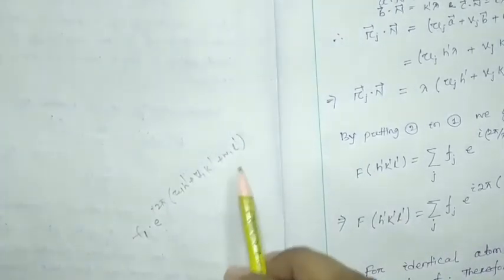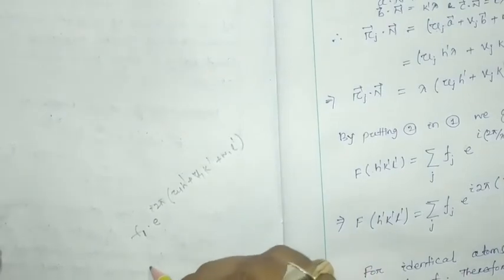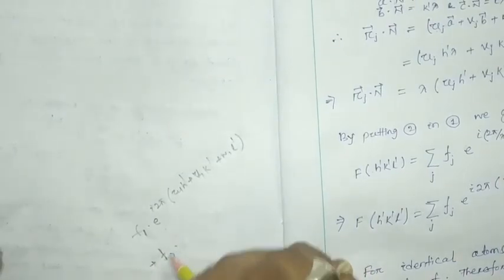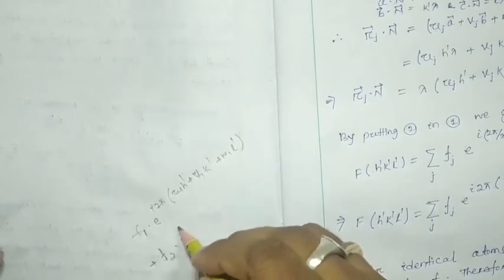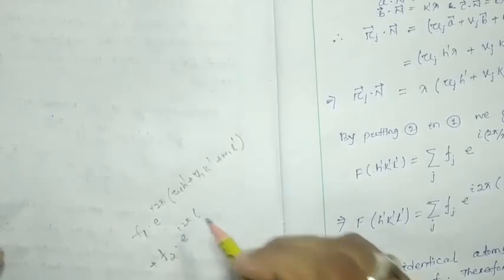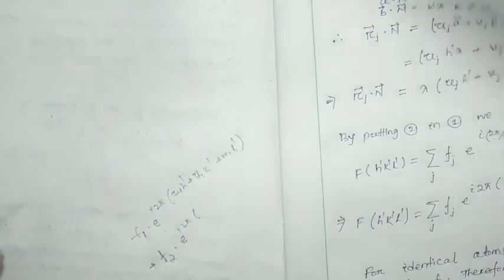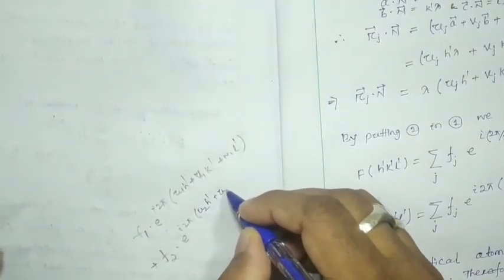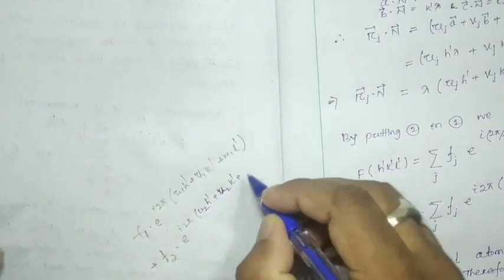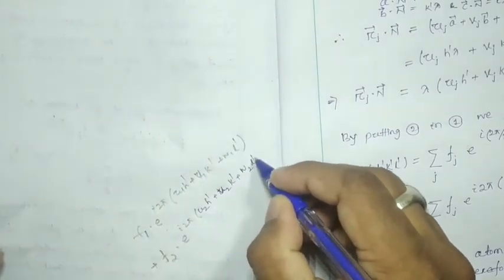Then f2 into e to the power i 2 pi, u2 h dash plus v2 k dash plus w2 l dash, like that.